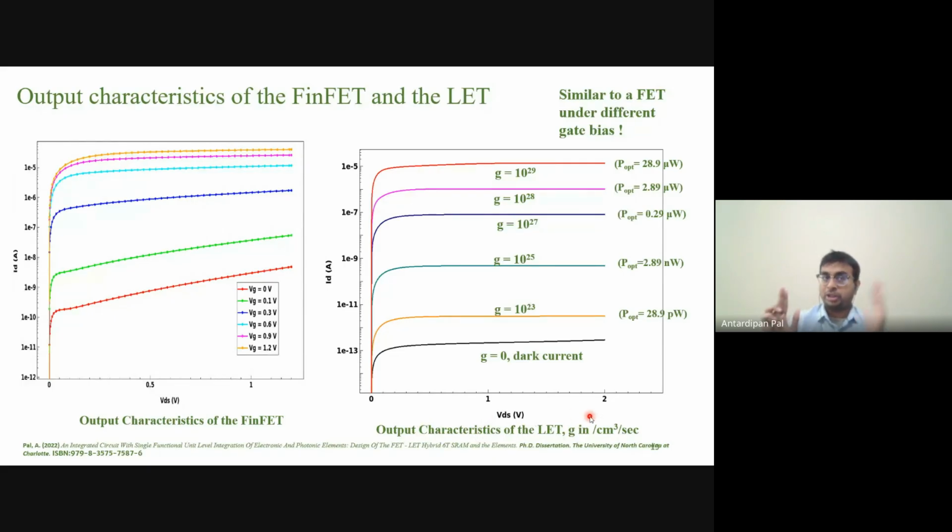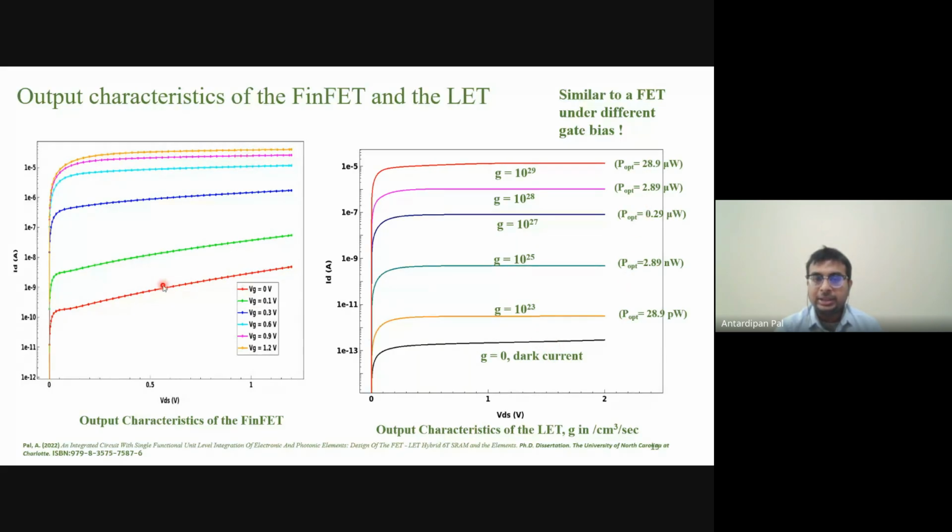Remember, we have the source and drain metal contacts. Not the physical drain and source in the semiconductor diffusion, but 2 metal contacts. So we have a drain-source voltage, current, and the gate voltage is not there. What we have is optical generation, optical power. These are optical generation rates, and these are the equivalent optical powers.